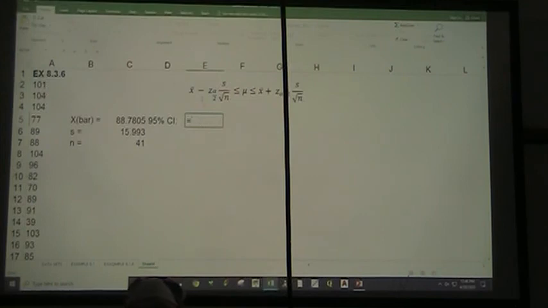All right, so I'm going to do the left side of the equation here, equals my x bar minus 1.96, for 95%, that is z alpha divided by 2, times my sample standard deviation divided by the square root, SQRT, left parenthesis, 41.